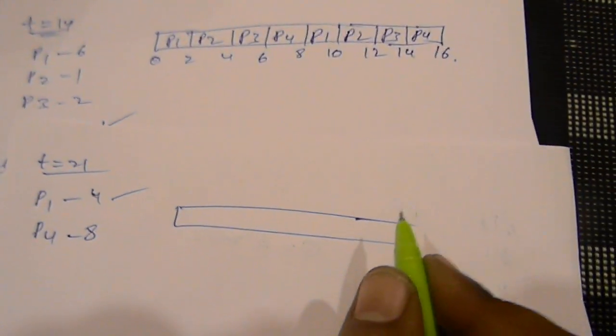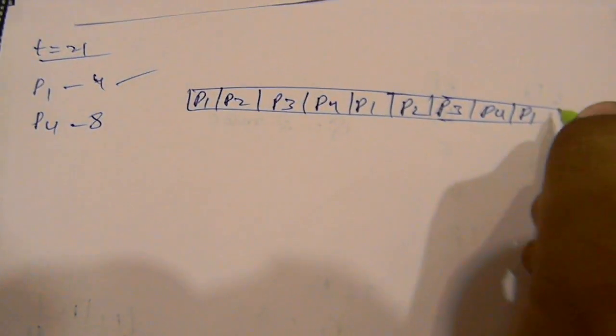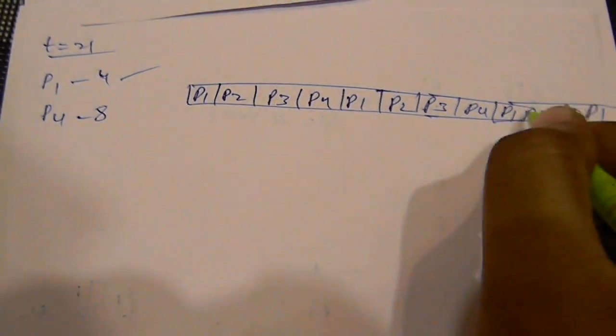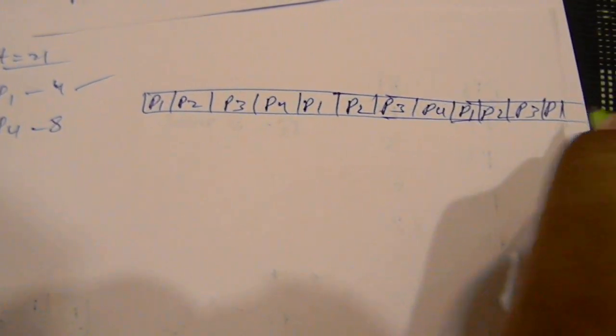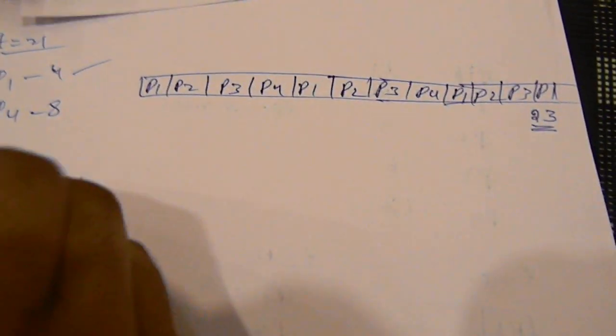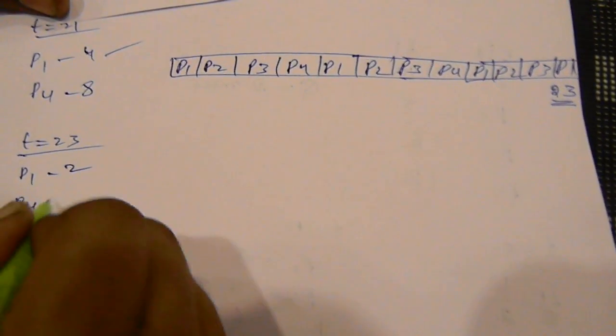P1 is selected first and executes, and 21 becomes 23 milliseconds. Now at t equals 23, P1 with 2 milliseconds and P4 with 8 milliseconds.